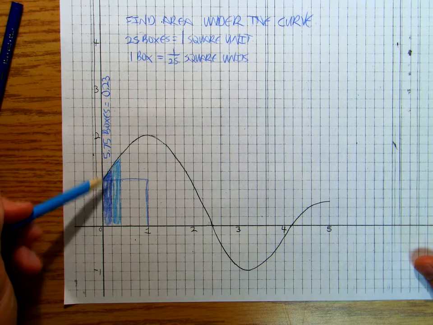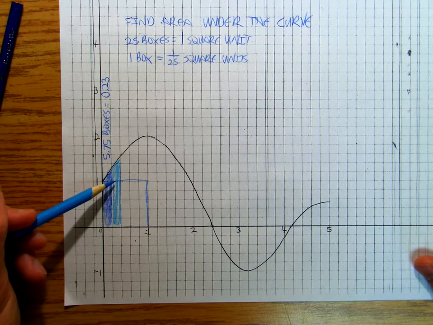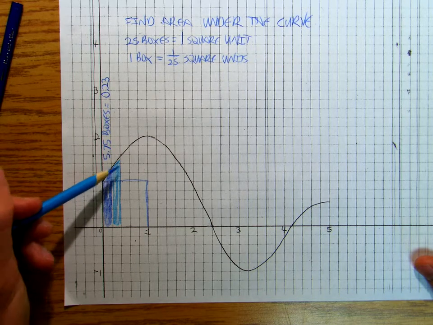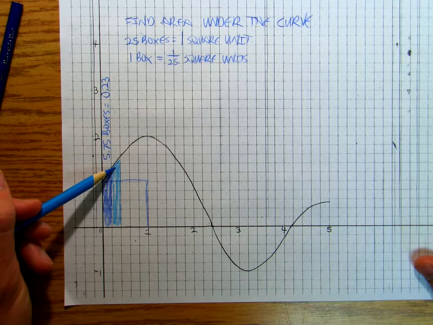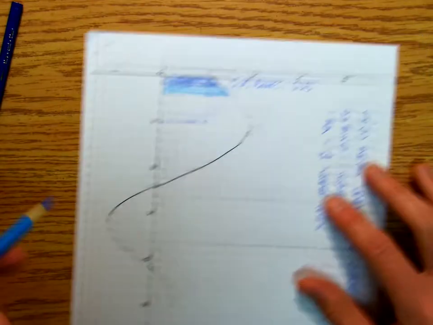This is 1, 2, 3, 4, 5, 6 boxes, and it's almost 7 boxes, but it's not 7 boxes.